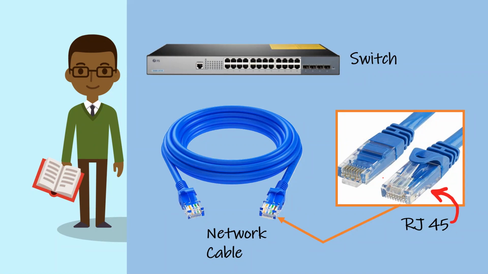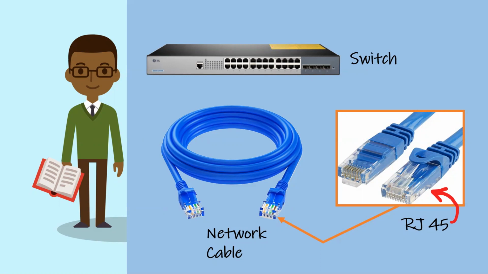It is very similar to the telephone jack, but there is a little difference. When you need to create a small network, you need this network cable. Like if you have to create a network with 5 different computers, you need 5 network cables to be connected with the switch. Then only they will be able to communicate with each other.